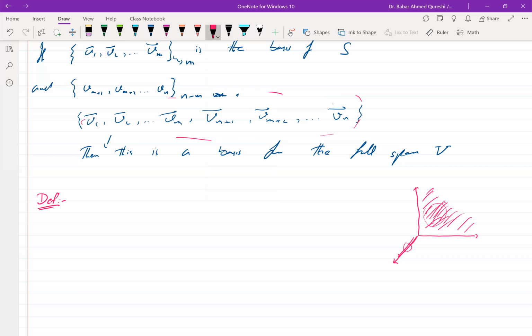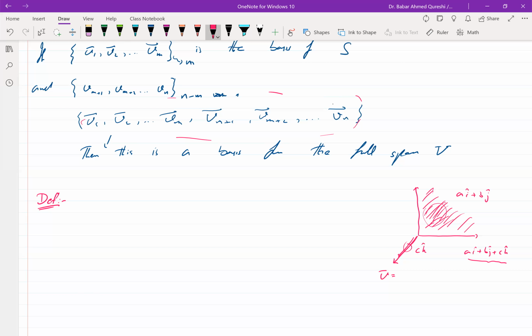Basically what you are saying is that any vector in this space takes this form, and I know that vectors over here are of this form, but if I add these arbitrary vectors like this, these are already all the vectors in my complete space.